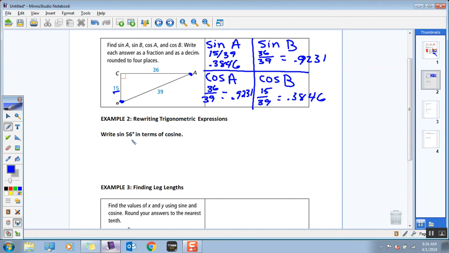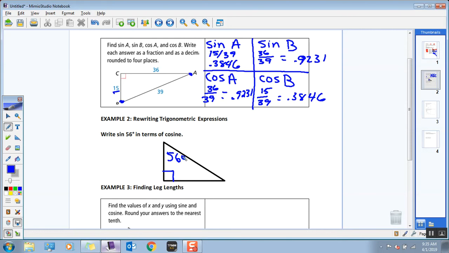I want you to draw a triangle for me, a right triangle nonetheless. Here's what this will look like. First of all, what type of triangle do I have here, kids? Right triangle. Okay. And in this right triangle, I want you to put a 56-degree angle up here, all right?